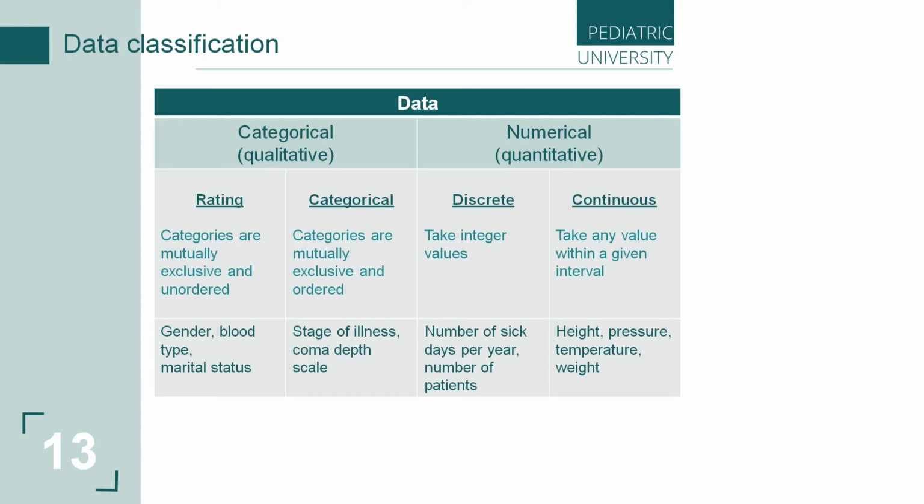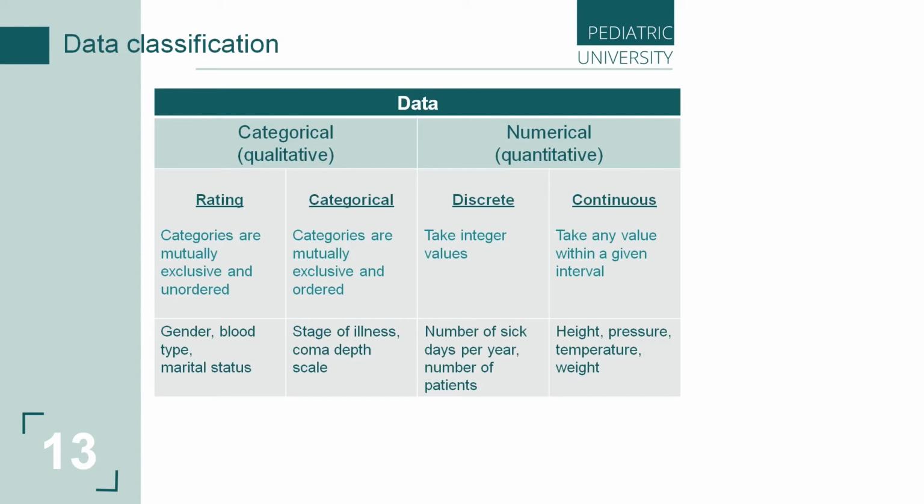You have to do it. We can't work with the letters M and F, for example, or with the words weak, very weak, strong, and so on. We have to encode them.